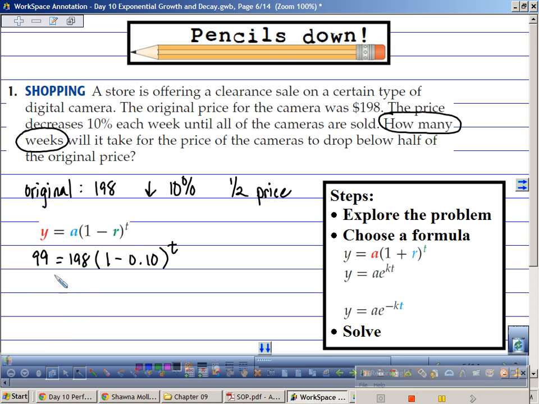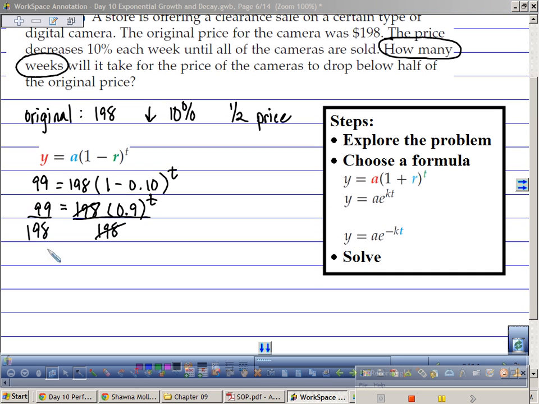Log to both sides? Let's simplify first. So I've got 99 equals 198 times 1 minus 10%, which is 0.9 to t. What do I do before I take the log of both sides? I could divide. Good. So I could divide by 198. I said originally that I wasn't going to do this, but I've just decided I am. What is 99 divided by 198? 1/2, right?